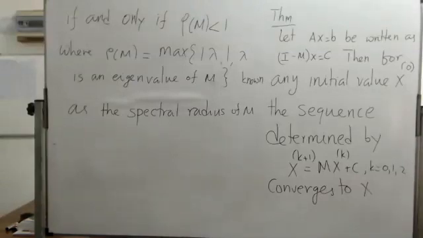So this is what we need for convergence: the spectral radius of the matrix M should be less than 1.